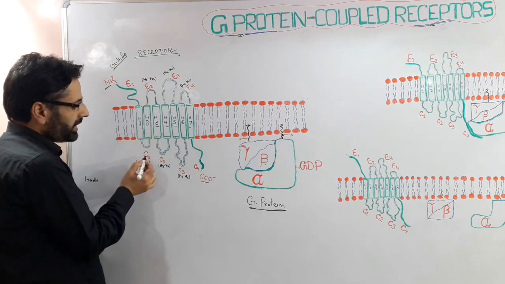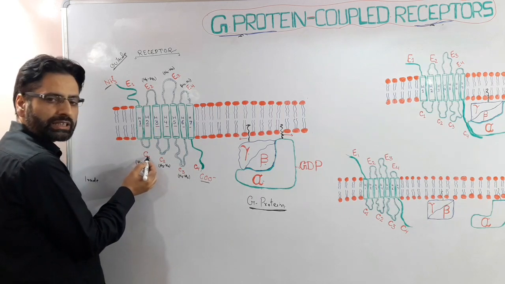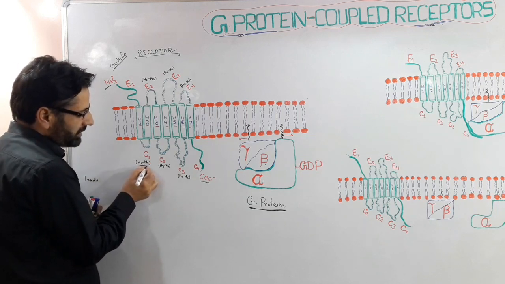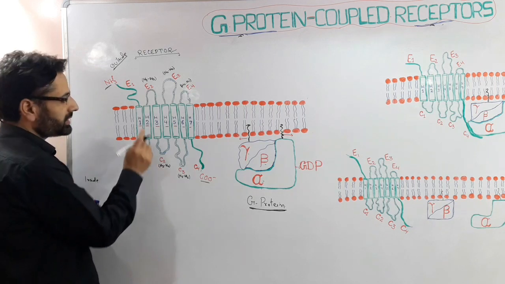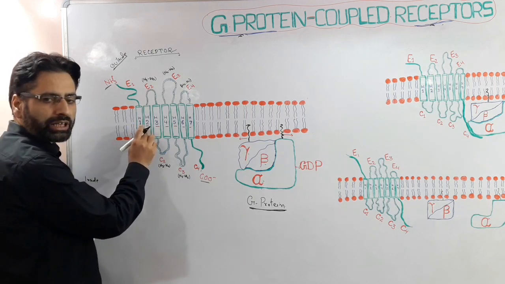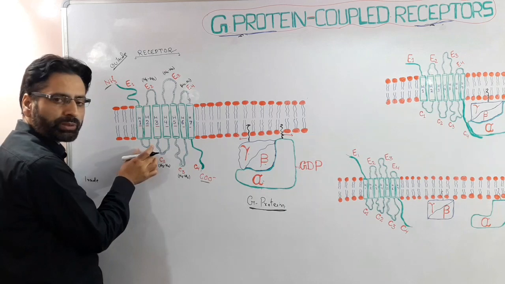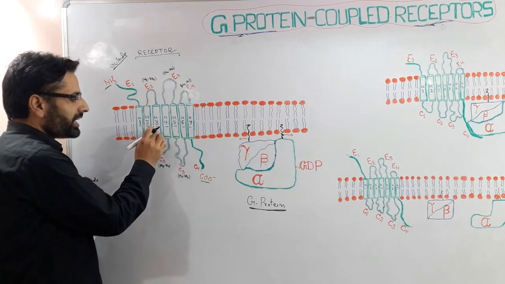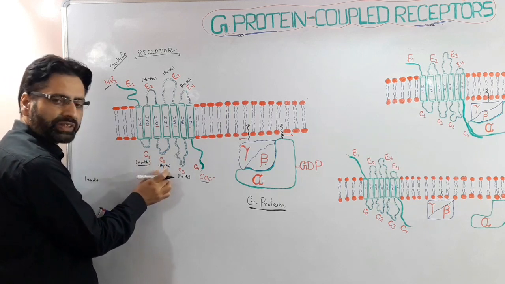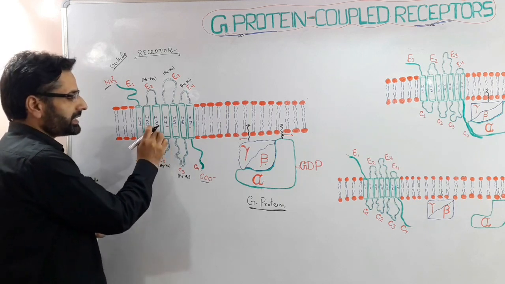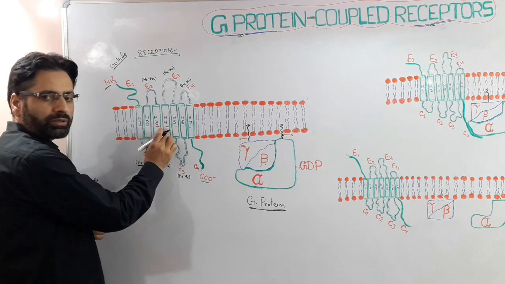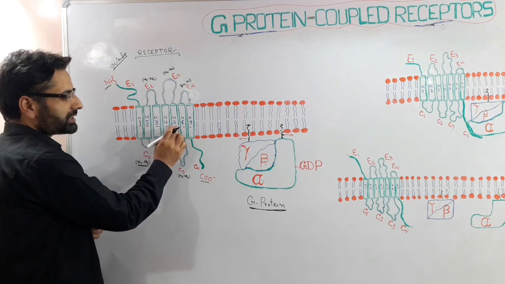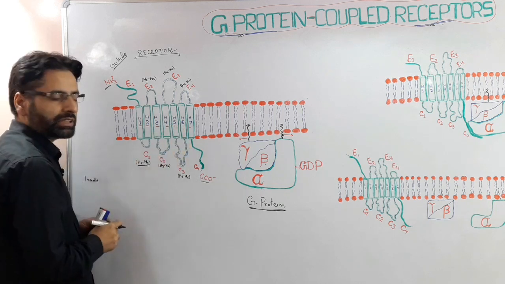For example, we have the C1 loop present on the cytoplasmic side. This loop connects helices 1 and 2. Helices 1 and 2 are connected by the loop present within the cytoplasm, not on the extracellular side. Similarly, we have the C2 loop present within the cytoplasm. It connects helices 3 and 4. This loop C3 connects helices 5 and 6.